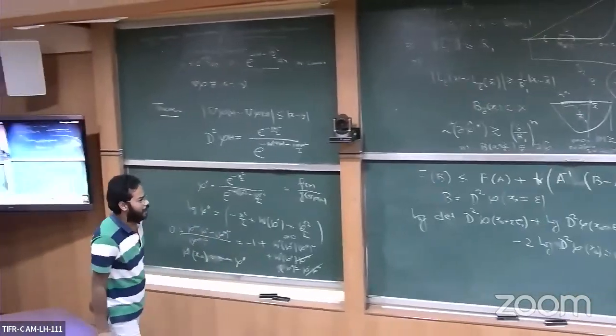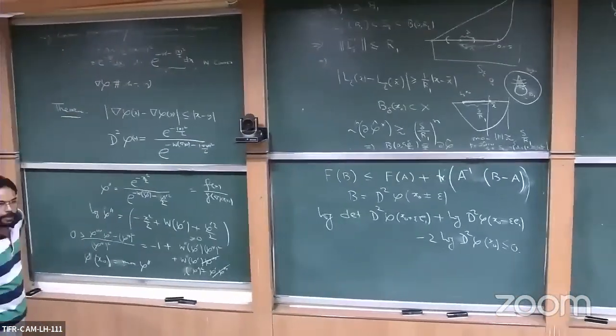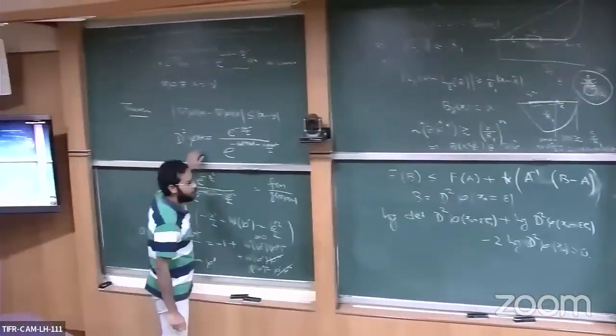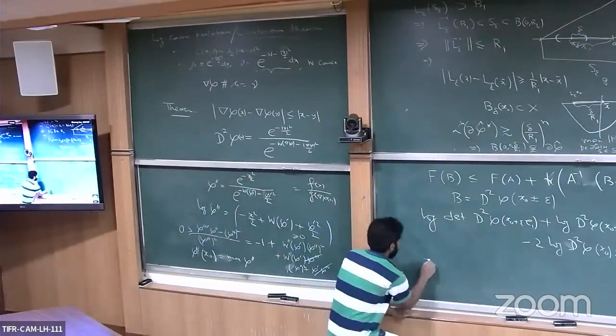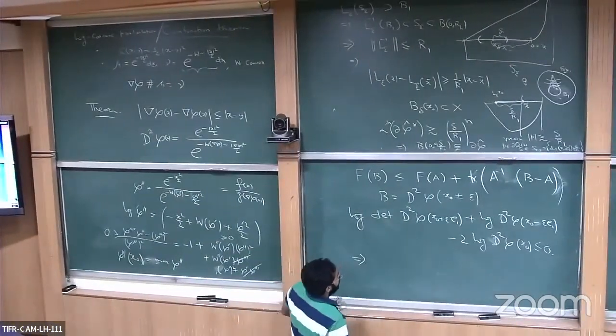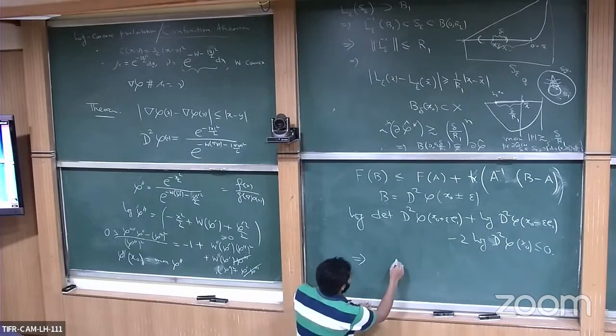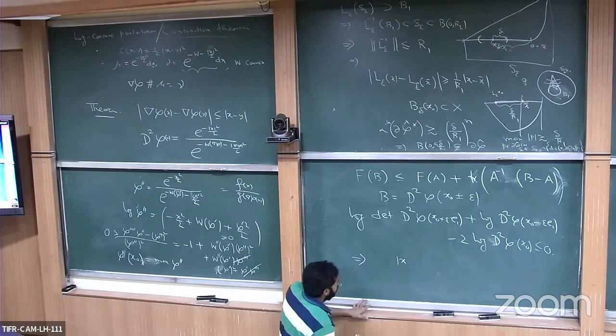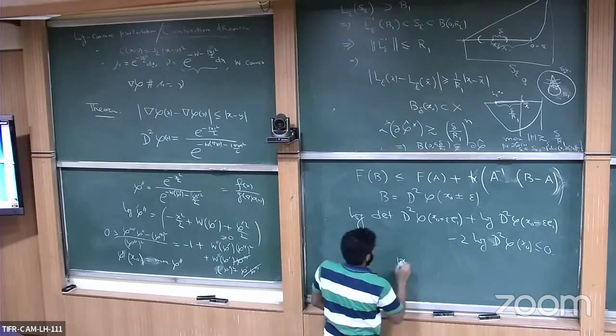Okay. And now you can use the equation. So this equation is satisfied classically. So this tells you that the first one is log of the determinant, right? I'm taking a bit too much time.